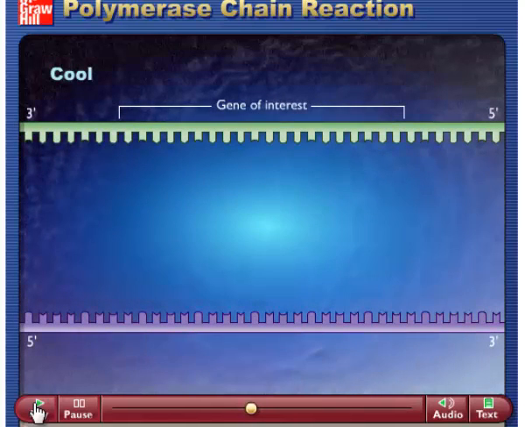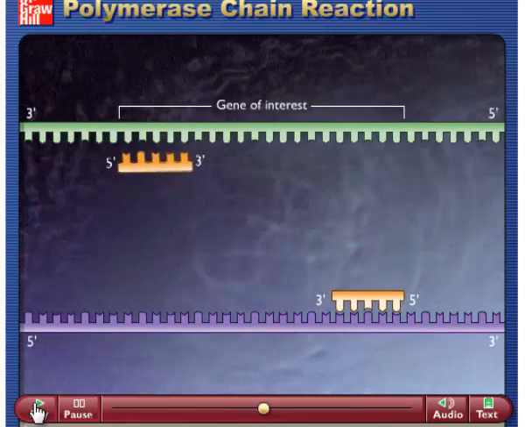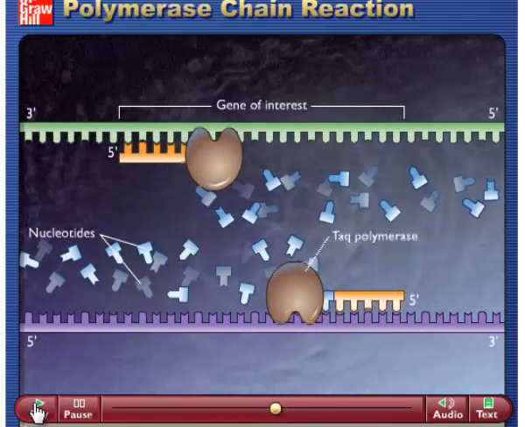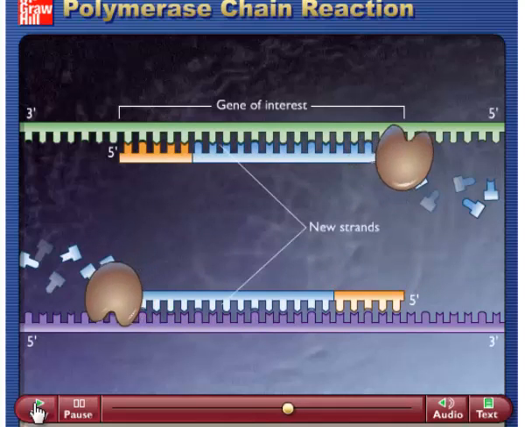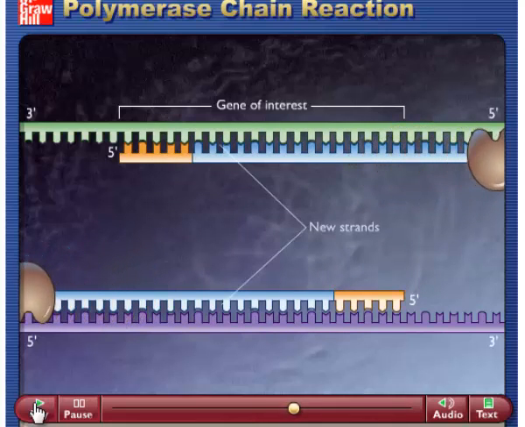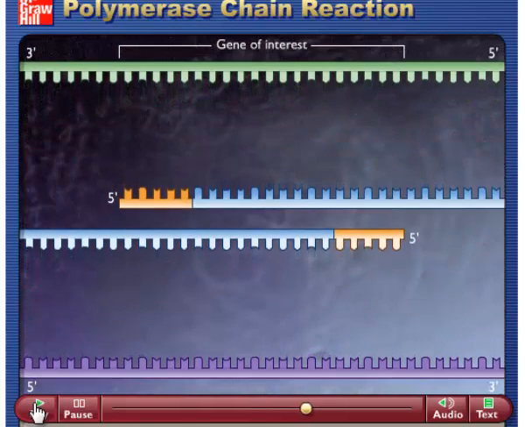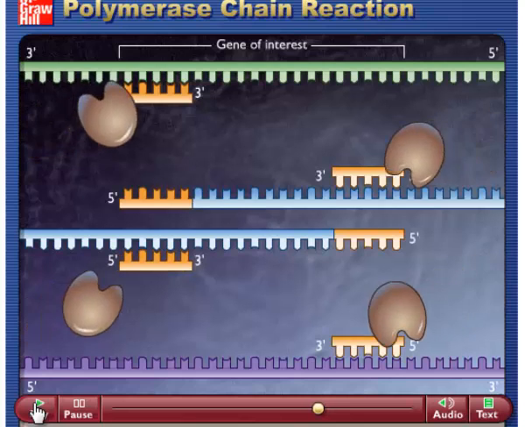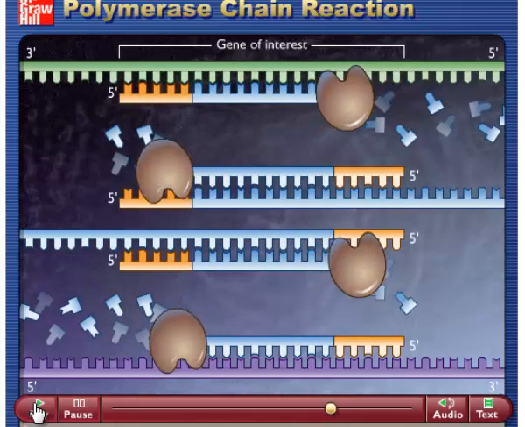The mixture is then cooled sufficiently to allow the DNA primers to anneal to each end of the segment to be copied. Taq polymerase then synthesizes the complementary strand of DNA using the primer as the starting point. The temperature is raised again to separate the DNA strands and then lowered sufficiently to allow the primers to attach. Taq polymerase now synthesizes another set of new complementary strands.